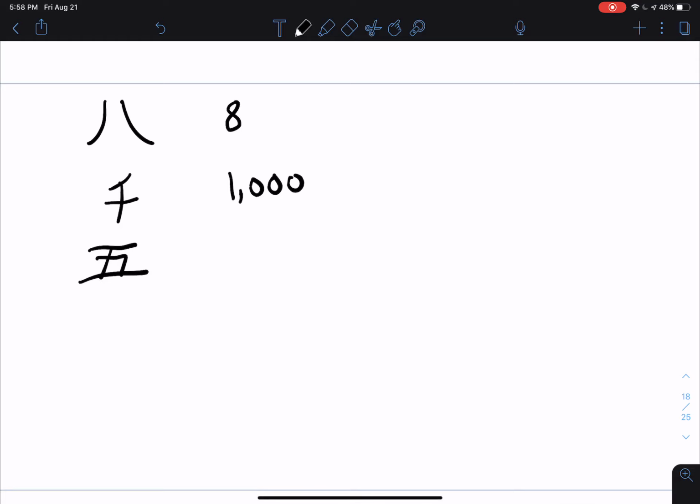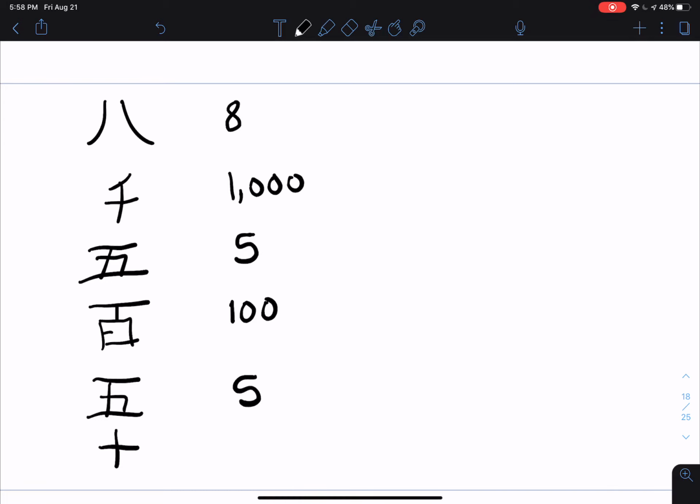That's supposed to be a 5. The next one looks like this. That's supposed to be a 100. Next one again looks like this, so it's another 5. And then the last one looks like this. So it is a 10.